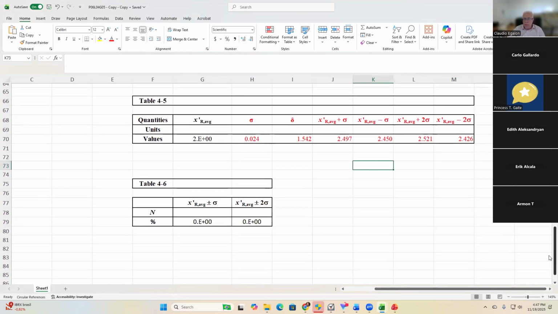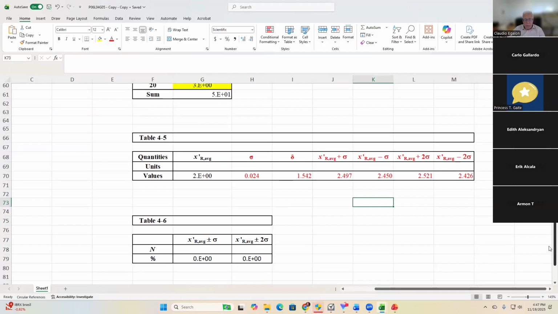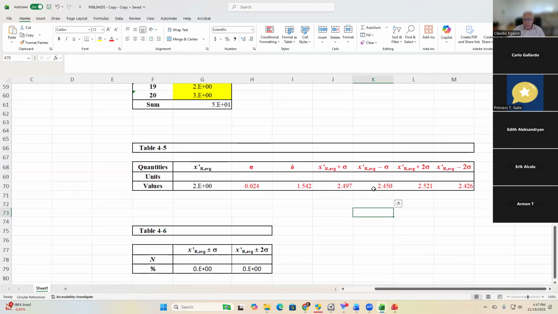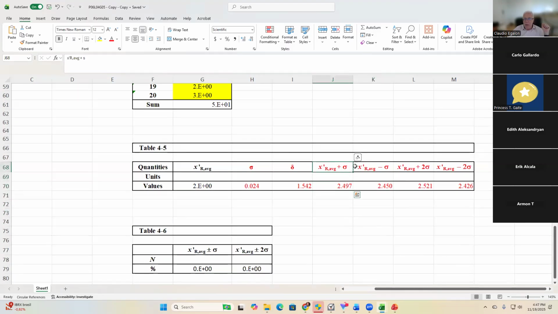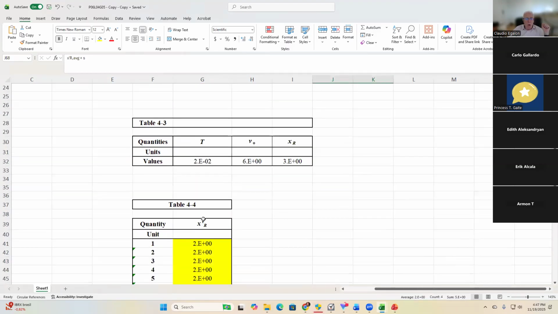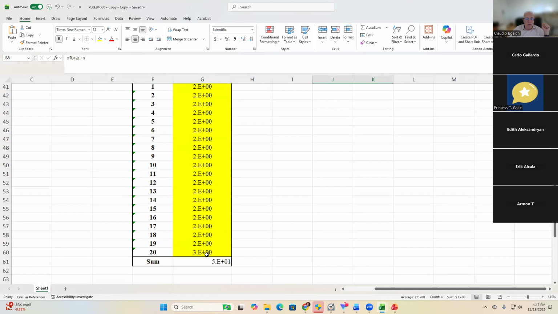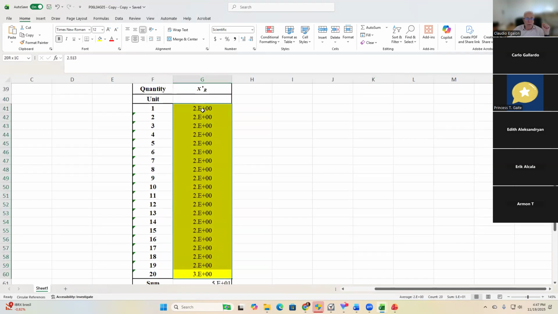What do we find? In this specific case, the average value minus sigma is 2.40, and the other limit is 2.49. So the number of measurements between those two values should be approximately 67%. You're going to identify where those two values fall within this list of measurements.